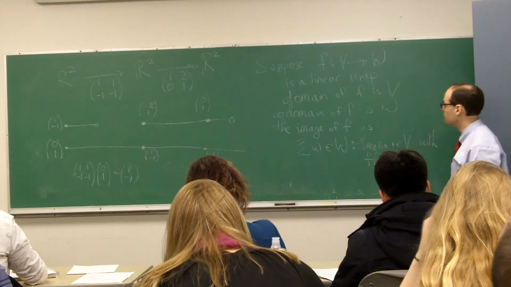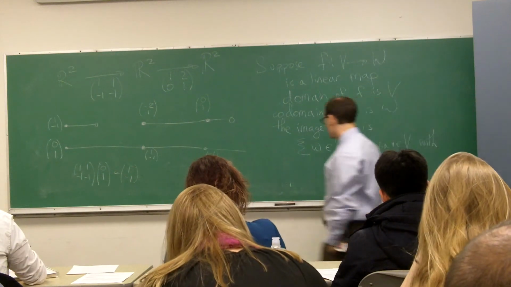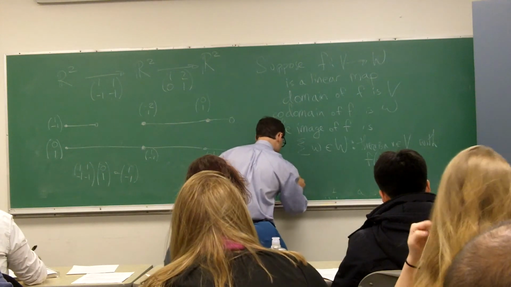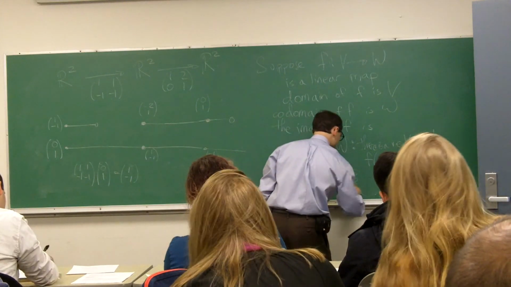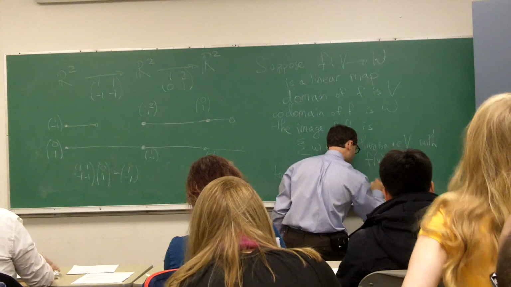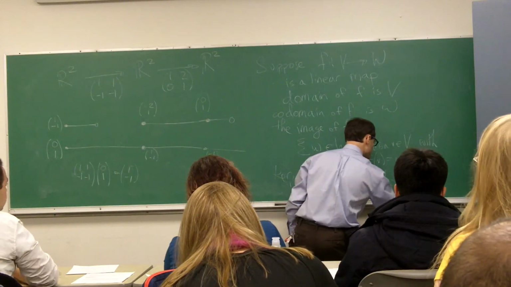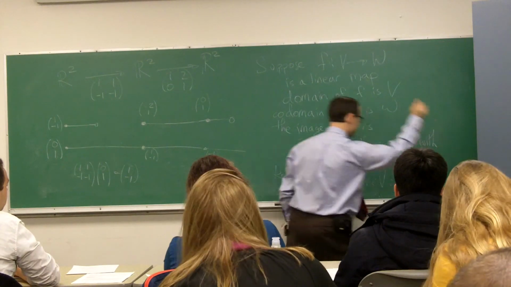All the possible outputs, that's the image. The kernel of F is the set of all v in V such that F of v is 0.